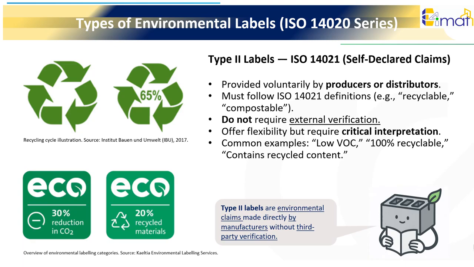Although they must follow ISO guidance to avoid misleading claims, they do not undergo external verification, which means their reliability can vary. These labels offer manufacturers flexibility in communication but require us, as designers, engineers, or LCA practitioners, to evaluate them critically. They can be useful for early screening, but they usually lack the rigor needed for scientific analysis or regulatory documentation.